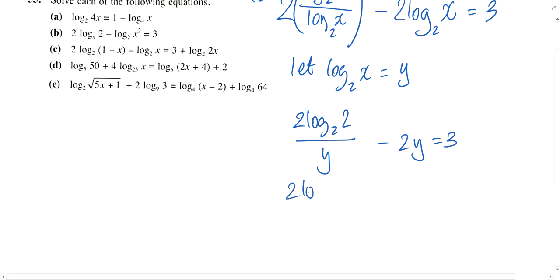Okay, so 2 log base 2 minus 2y squared minus 3y equals to 0. This is simply 1, okay, so this becomes 2.